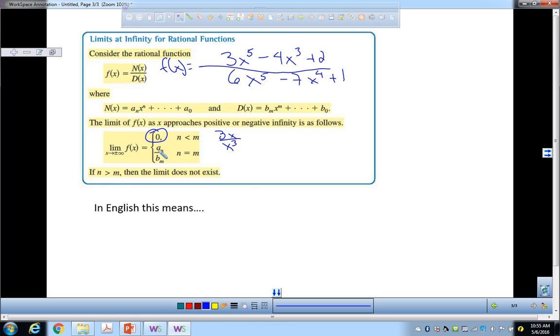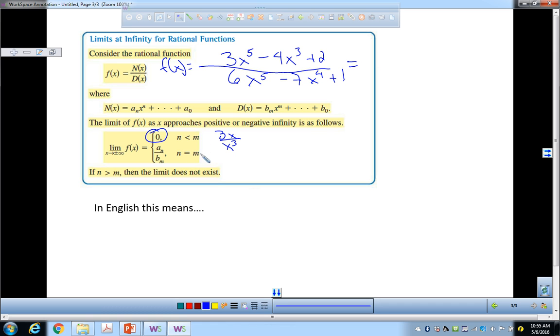This says if the degree of the top is equal to the degree of the bottom, if this number is equal to this number in the highest degree term, then you compare the ratio of the coefficients. So that's like this case up here. So what would be the limit of this function as x went to infinity?